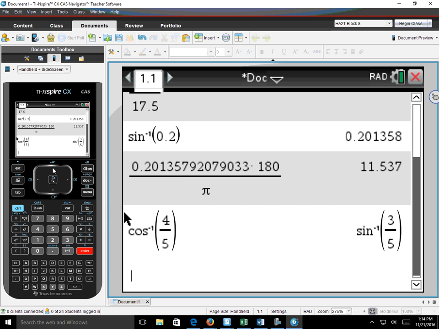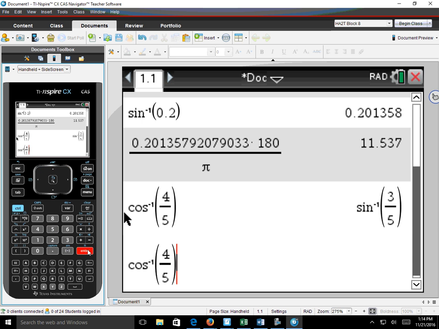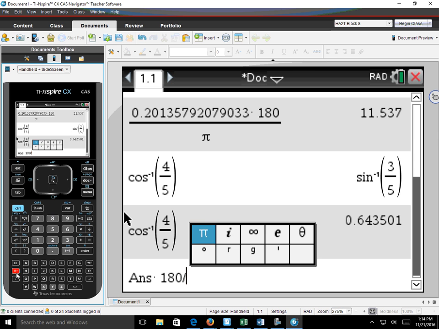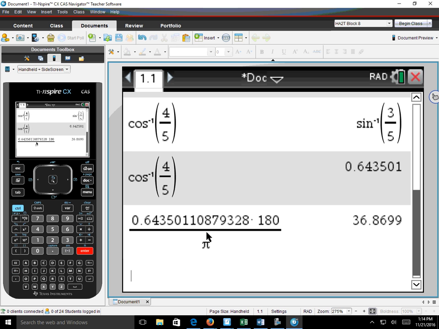Trig, cosine inverse, 4/5. Oh, my CAS will do that for me, but I don't really want it to. Let's see. Did you get 0.6433? What units? Radians. So if I want to convert that, I'm going to say times 180 divided by pi. Did you get 36.9, something like that? 36.9, what units?